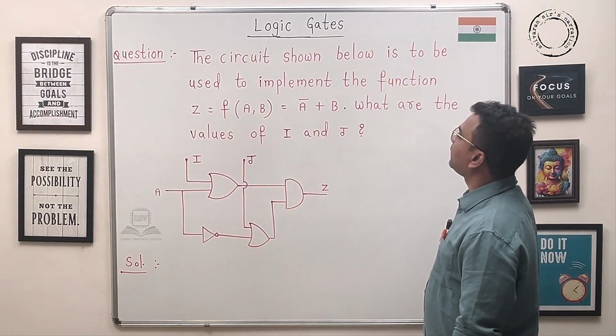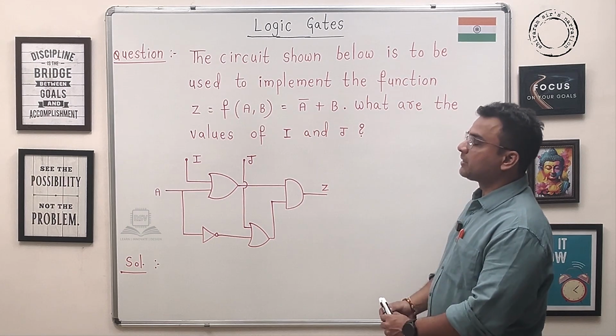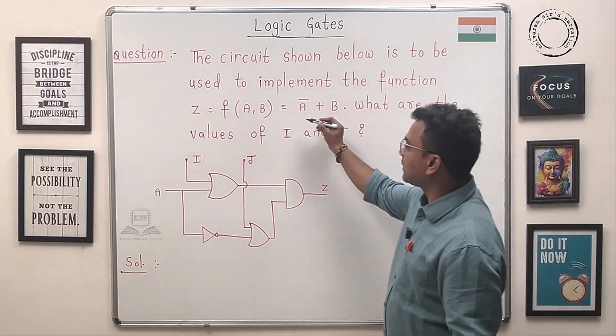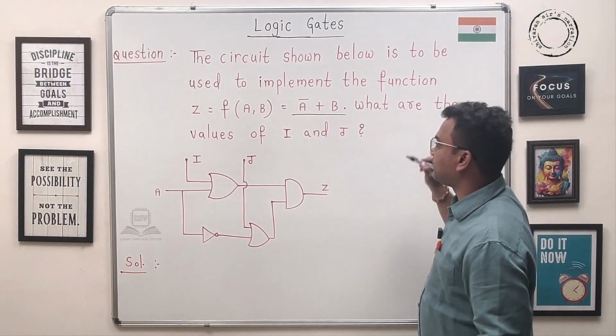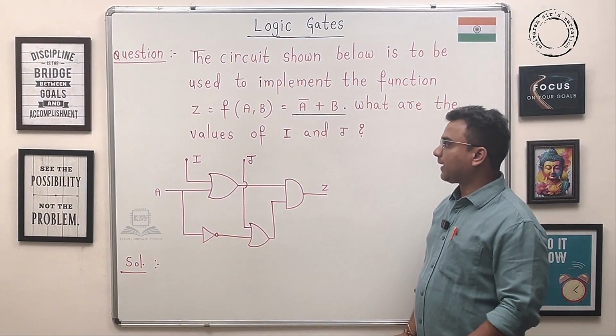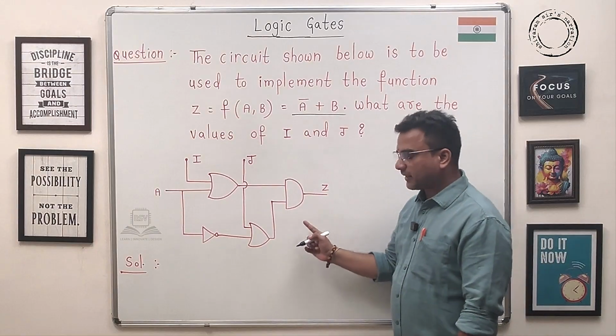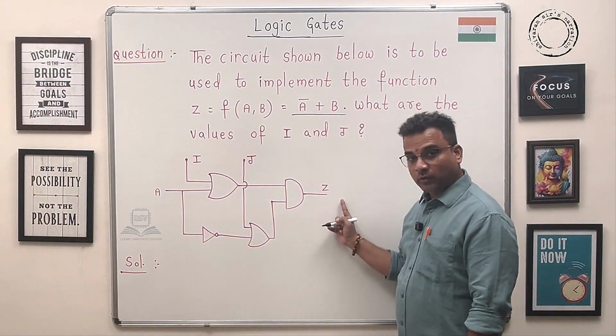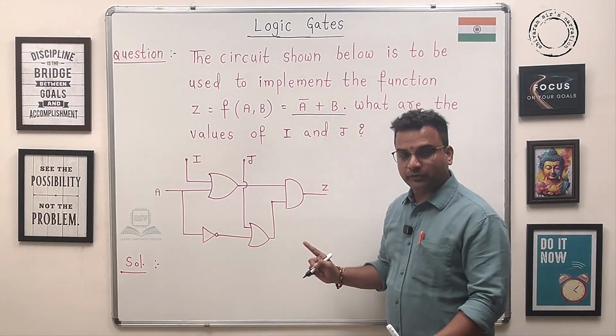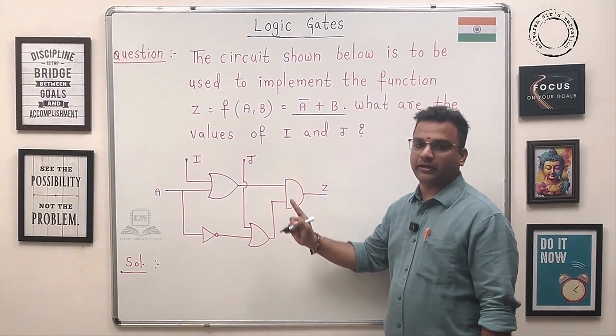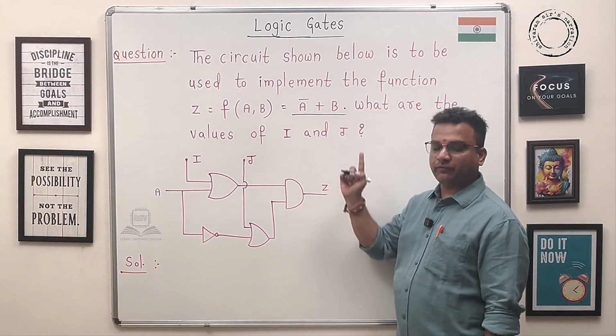The circuit shown below is to be used to implement the function Z is equals to F of A comma B is equals to A bar plus B. What are the values of I and J? This is the given design. They have given the output expression and we want to determine these I and J values as per this Boolean function.